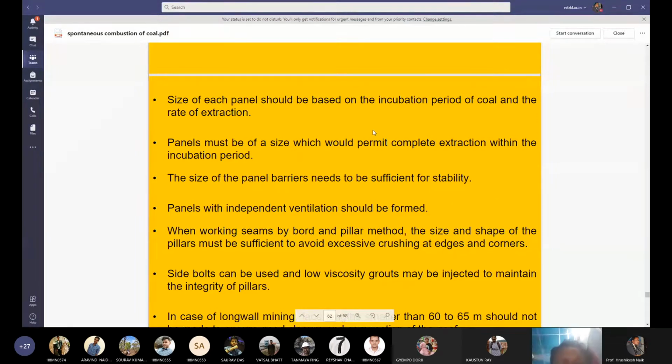The size of the panel should be based on the incubation period of the coal and the rate of extraction. You know that the incubation period is the period during which, at what rate mining is carried out, the rate of extraction.